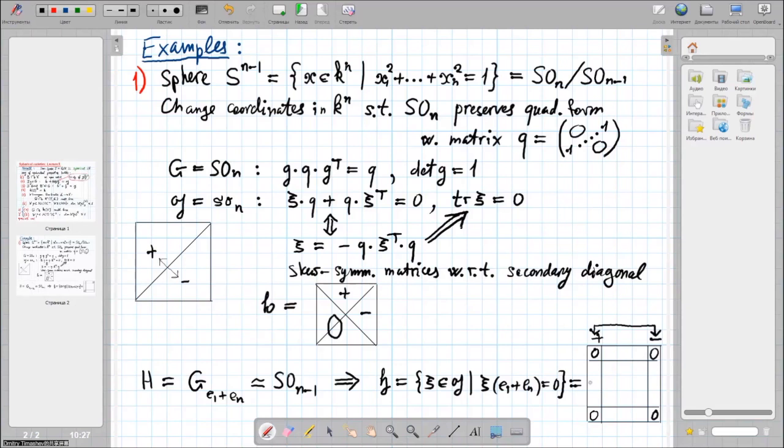And if we have a column vector of size n minus 2 here, say v, then here we should have minus v. Here we should have v transpose. Here we should have minus v transpose.